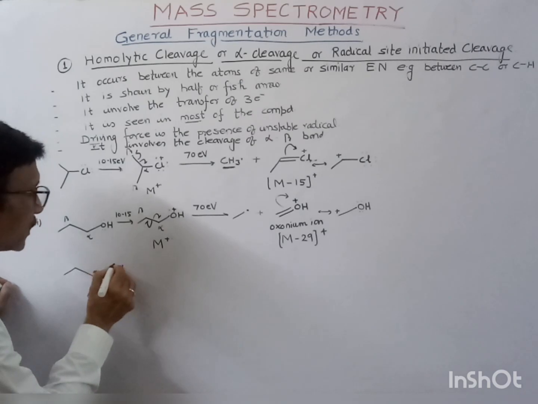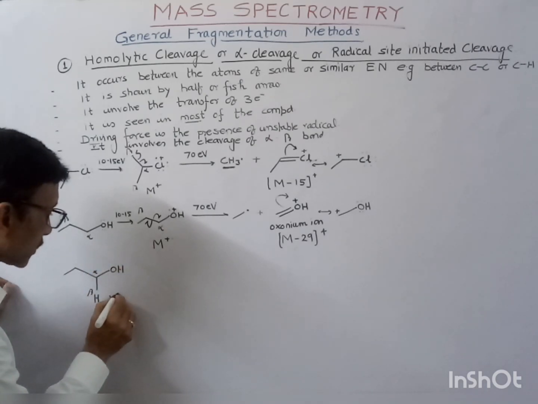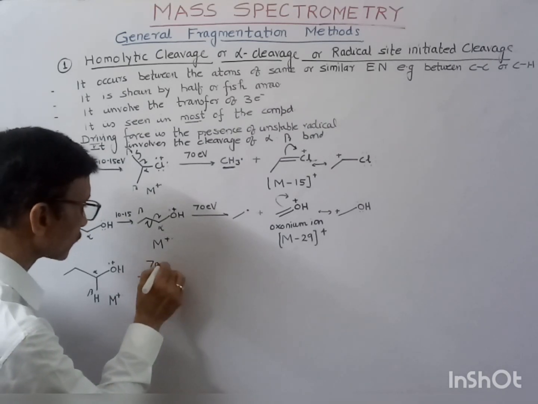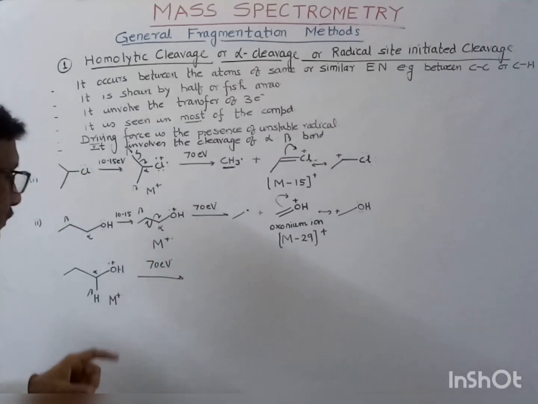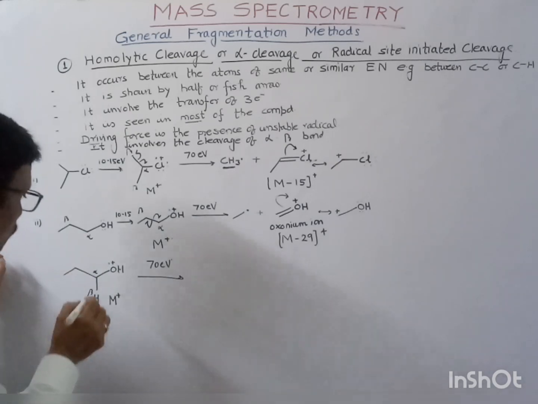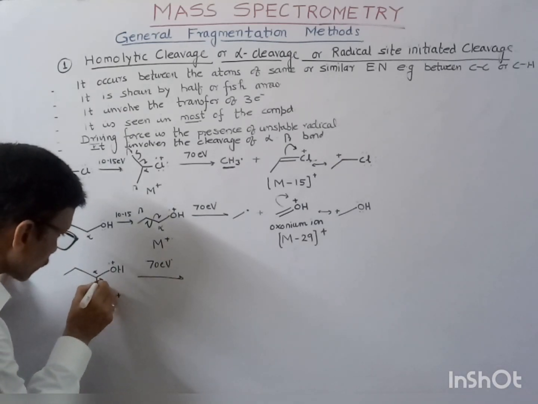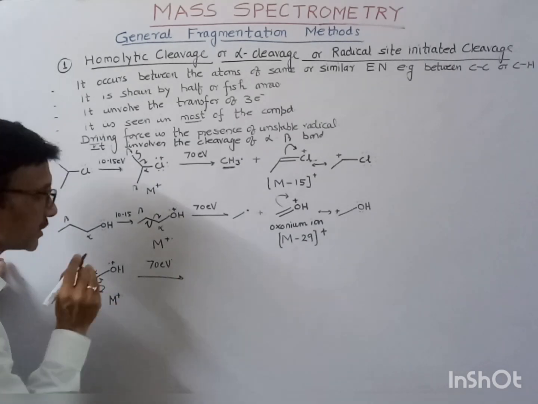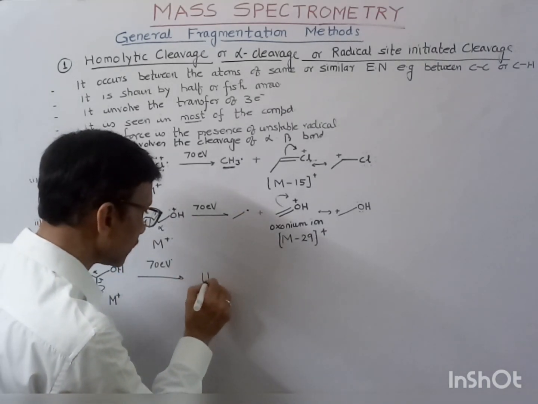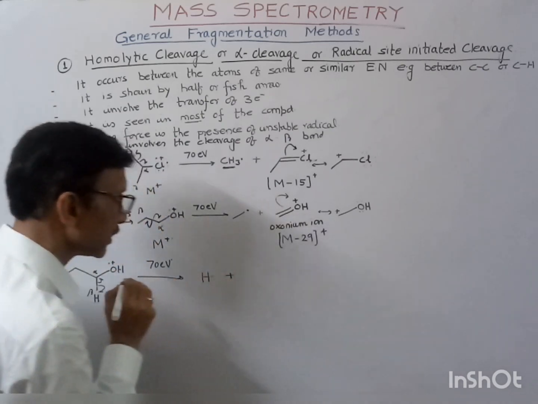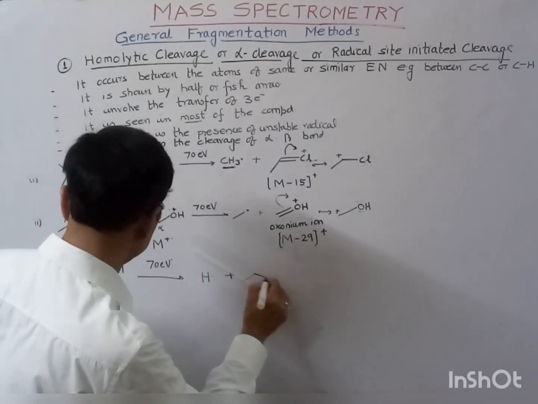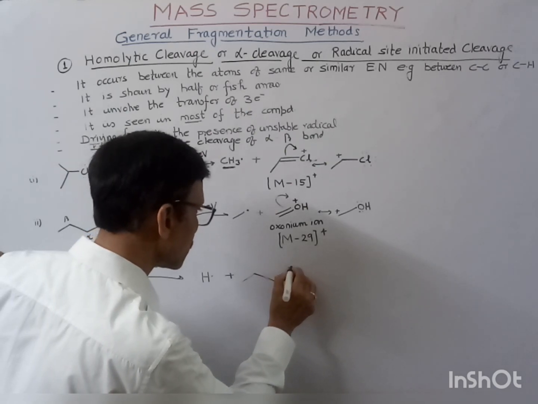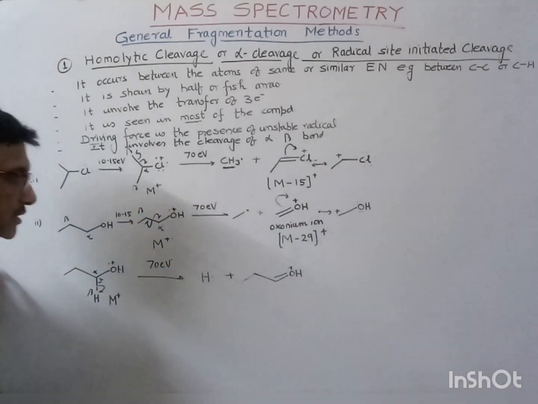Suppose this is a molecular ion, and it may undergo cleavage at 70 electron volt. So what will you get? Here one electron over here by fish-hook arrow, another electron here, meaning you get one H radical, or hydrogen atom, plus a double bond like this. Okay.